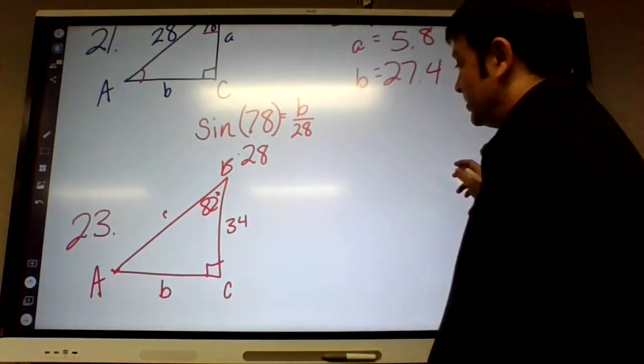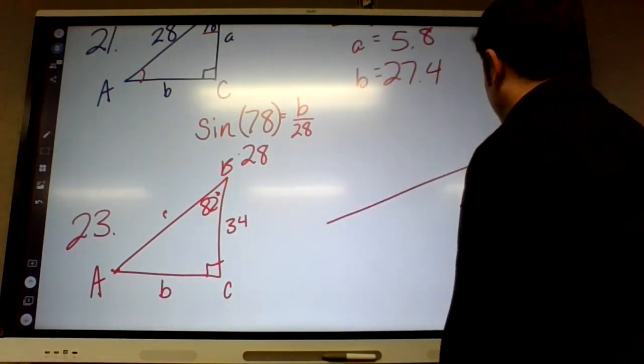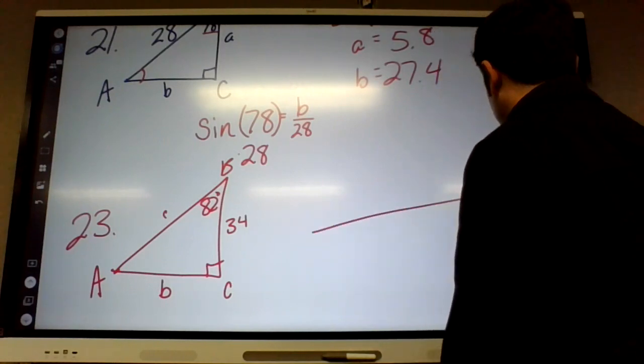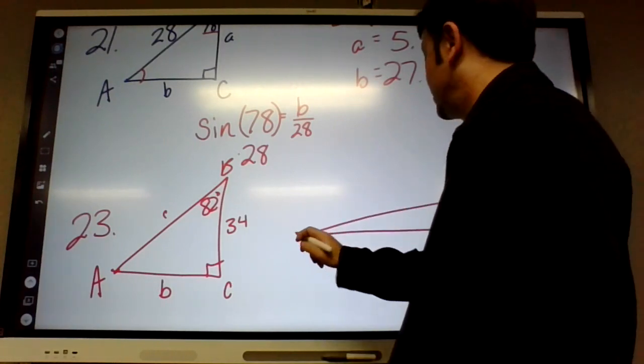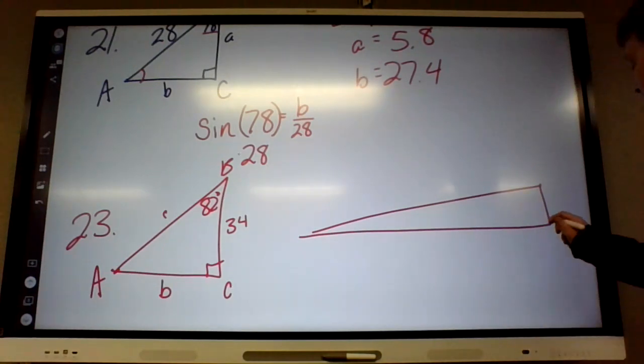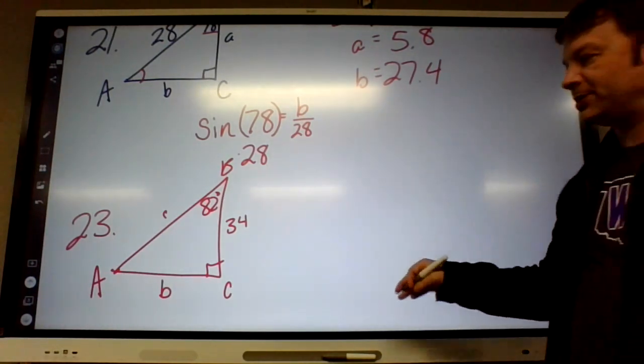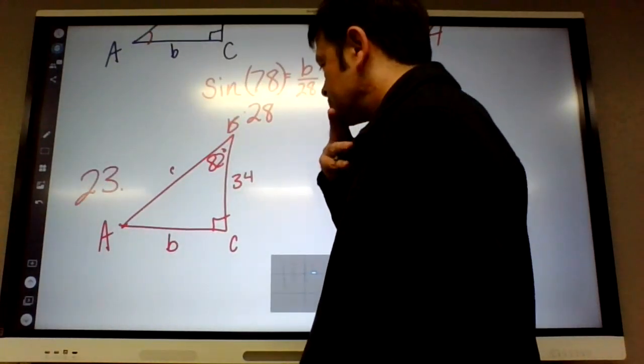An 82-degree angle would look even bigger than that, probably. It'd almost be a 90 degree. So the triangle would look more like that. So when your numbers look weird, it's because the picture is not accurate.